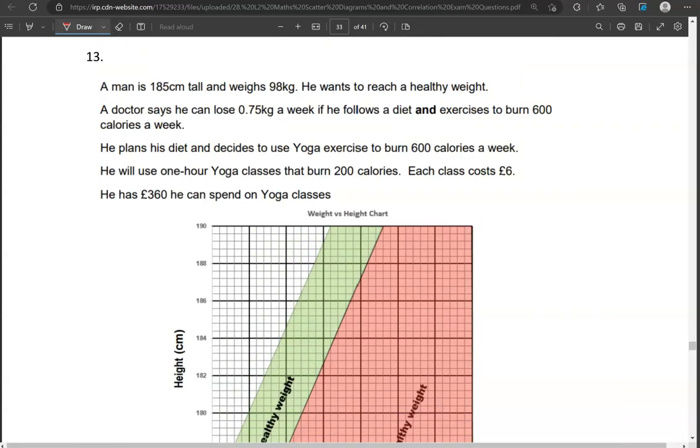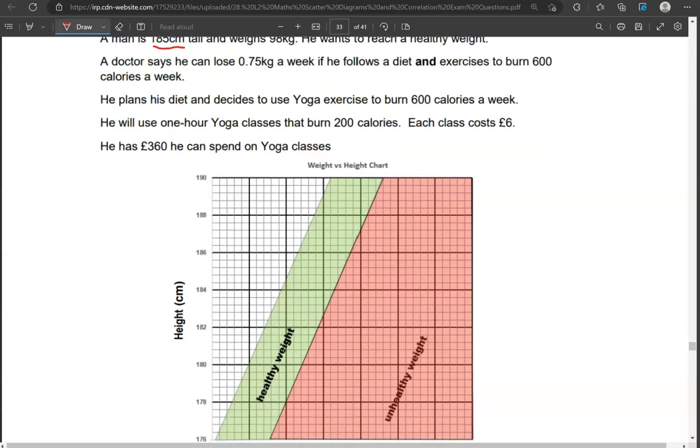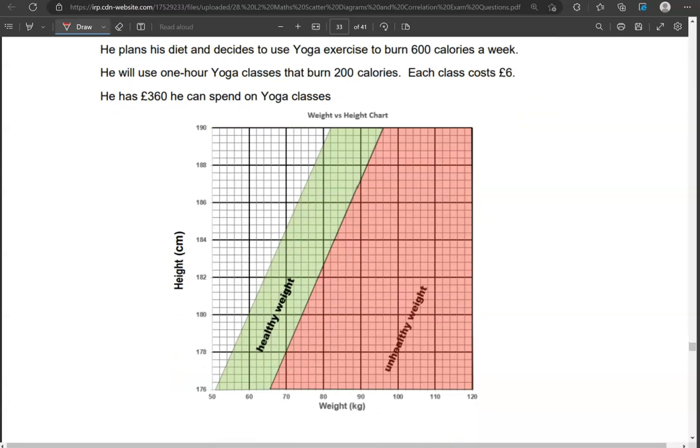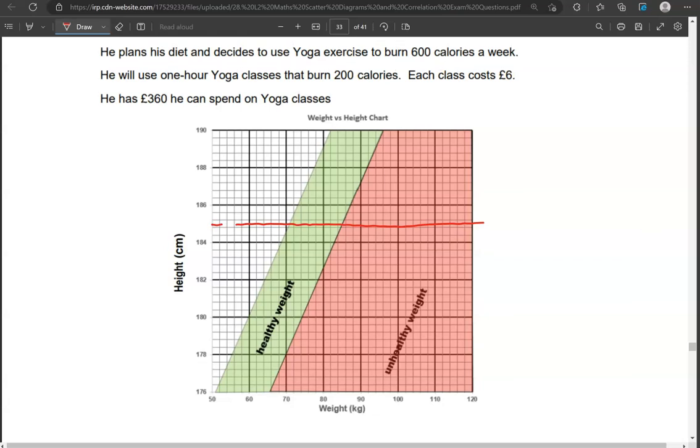So he is 185 centimeters tall and weighs 98 kilograms. 185 centimeters, that's this line here, and 98 kilograms is this point here. So he has unhealthy weight.